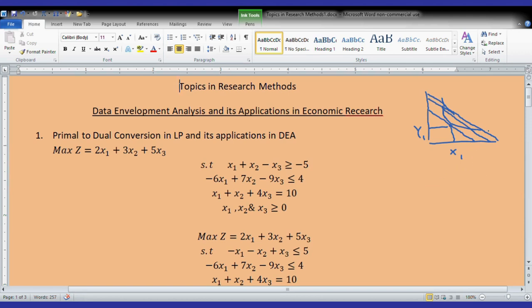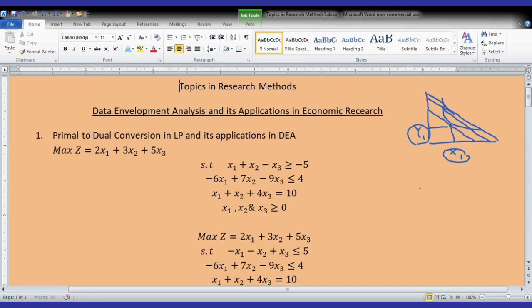So whether you are minimizing expenditure subject to the utility constraint, or maximizing utility subject to the expenditure constraint, the outcome remains the same: x1 units of good x and y1 units of good y.